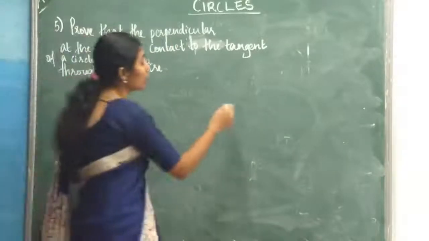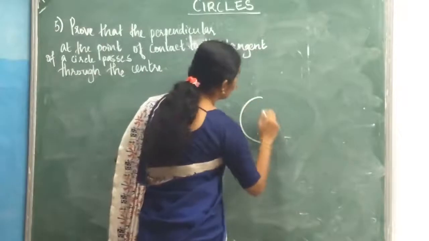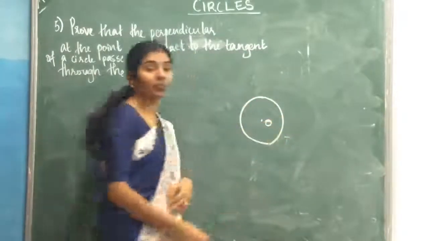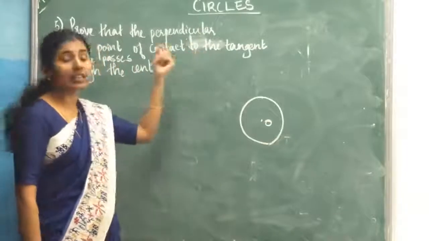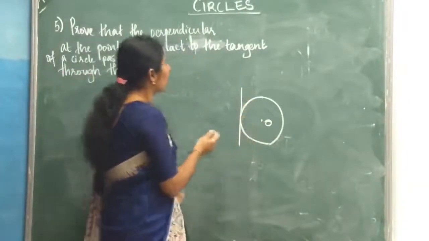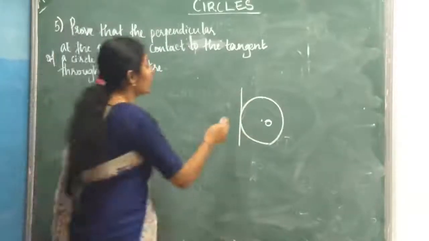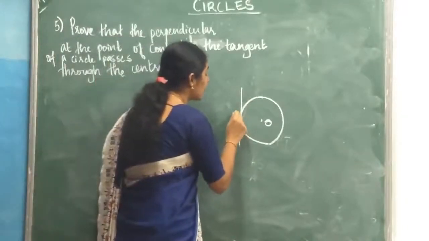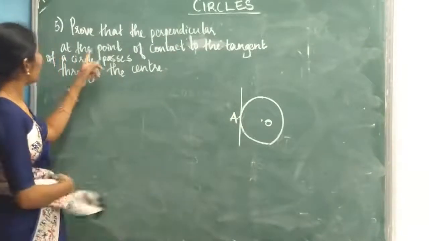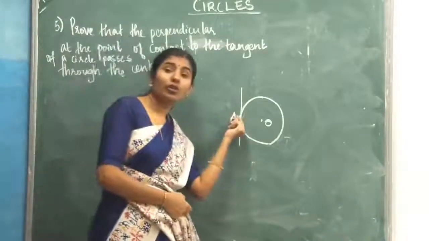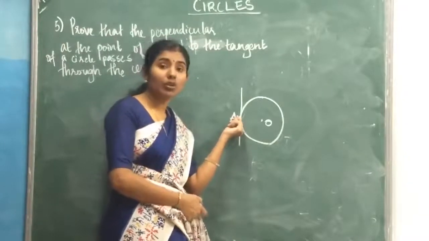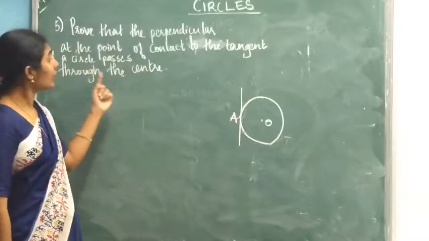So first of all, what should we do? Draw one circle. Take the center as O. They are talking about one tangent, so draw one tangent. Take the point of contact as A. And they gave the perpendicular at the point of contact to the tangent.